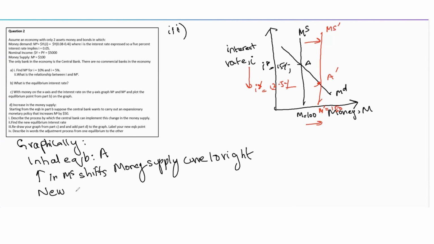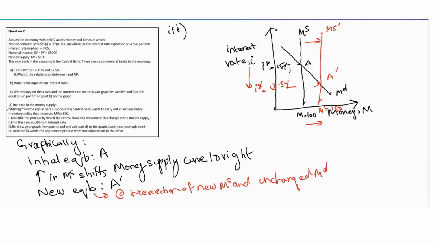So new equilibrium is at A prime, where it now occurs at the intersection of the new money supply curve and unchanged money demand curve. And you can see in the new equilibrium, interest rate has gone down from 15% to 12.5%.